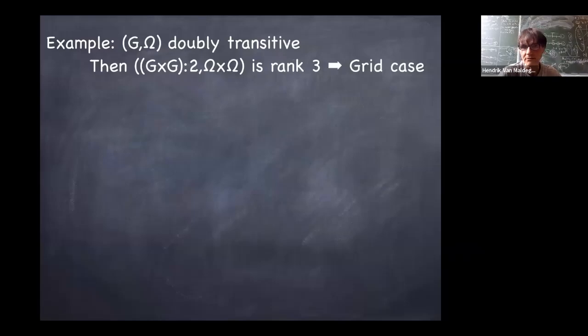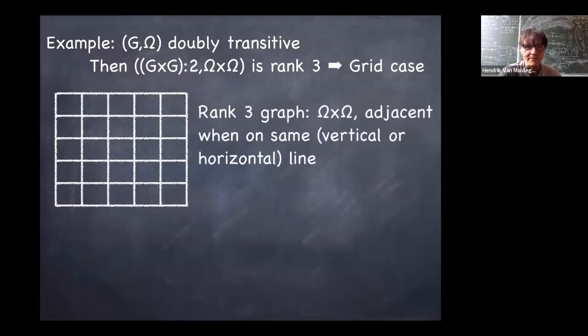That's a rank 3 group, called the grid case, in fact. Here is a picture, and so you have the rank 3 graph. The vertices are just the points that you see, and they are adjacent when the points are on the same vertical or horizontal line. It's a very simple rank 3 graph.